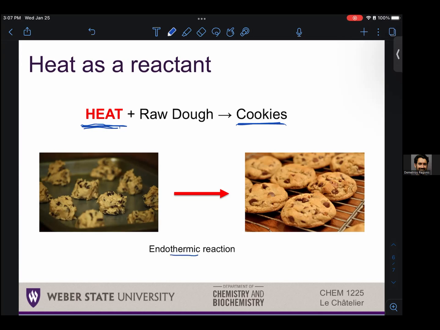Therm, this is just thermal temperature, heat, and endo, right? This is the one where you have to put in heat. Endo, in. It's the one you have to put in heat to get it to go. And so in the pre-lab questions, we'll ask you to figure out whether a given reaction is endothermic or exothermic. We'll also ask you for an example of these types of reactions from your lives.